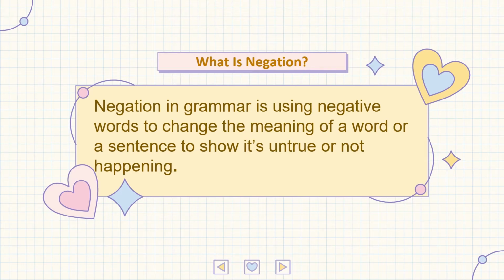So, what is negation? Negation in grammar is using negative words to change the meaning of a word or sentence to show it's untrue or not happening.